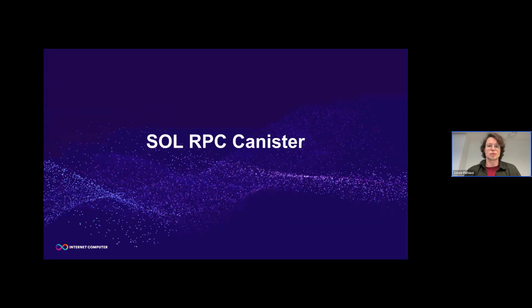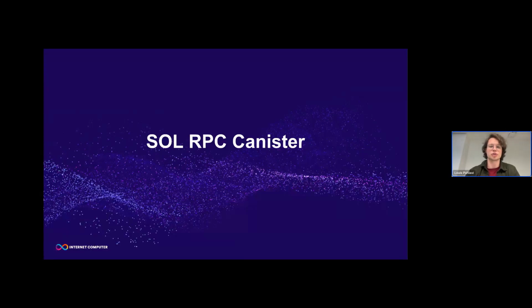So now we have all the building blocks we need for actually interacting with Solana from the Internet Computer, and we'll now cover some of the capabilities of the Sol-RPC canister.